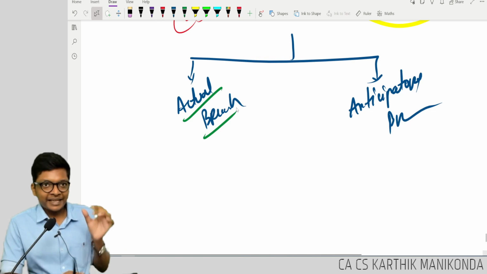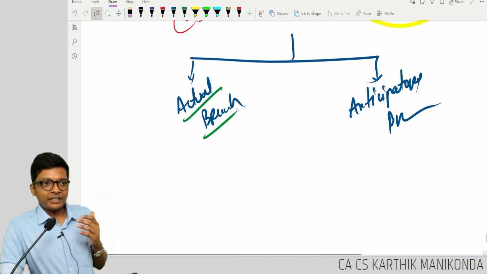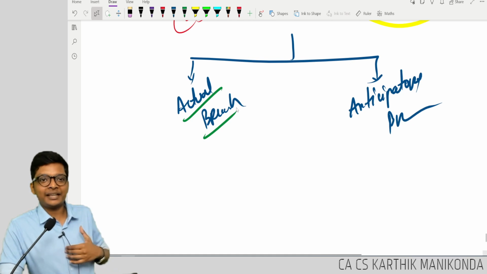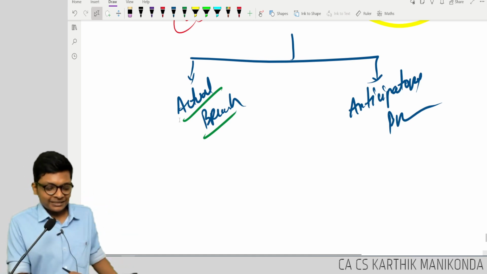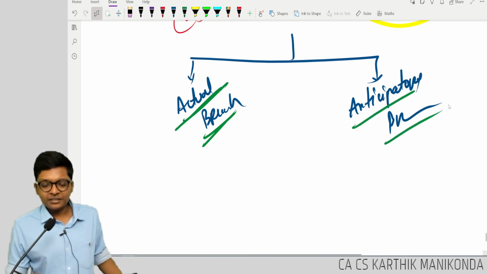You booked, it says ETA 5 minutes, he's going to come. Suddenly after 10 minutes, the trip is cancelled or he's not coming. When you call him, he says, sorry sir, I can't come, give extra 50 rupees. You say you will not give, so you cancel. This is an actual breach. I know it's happening. What is anticipatory breach?